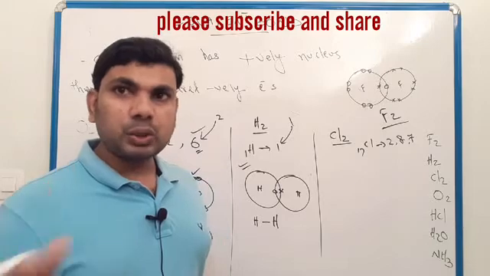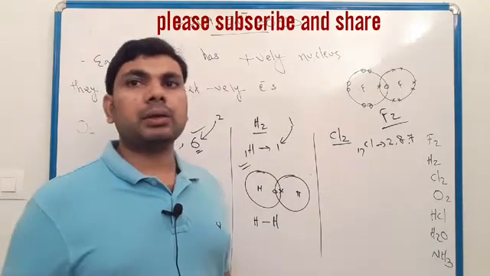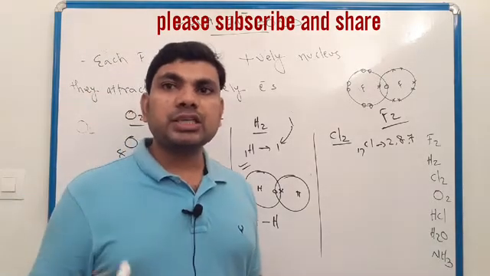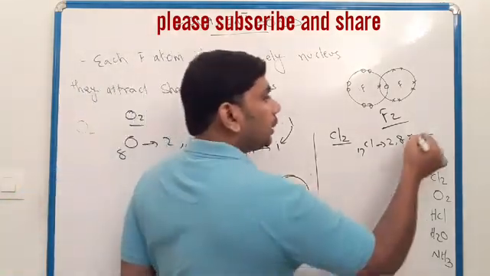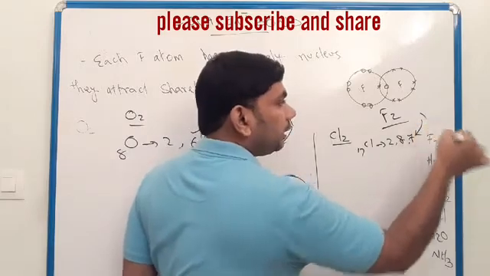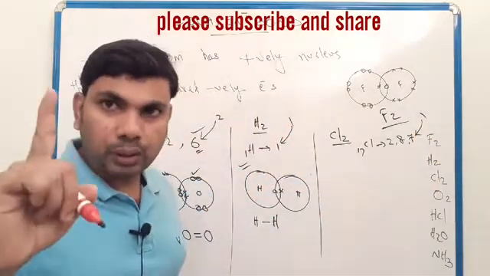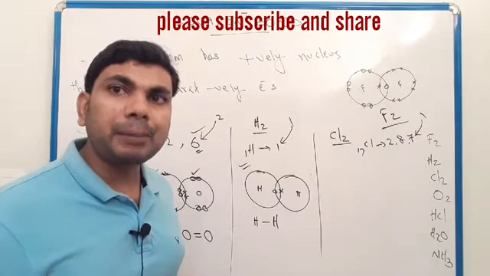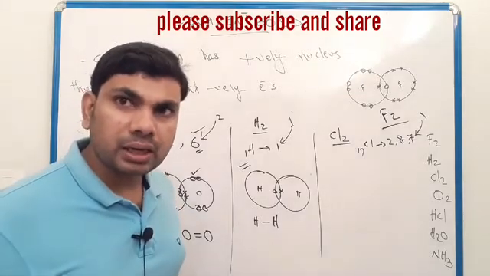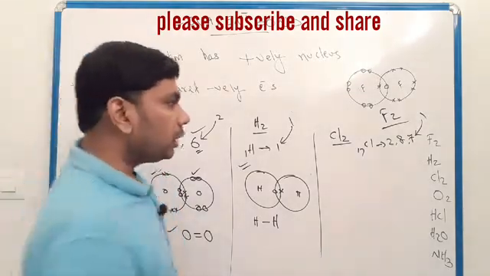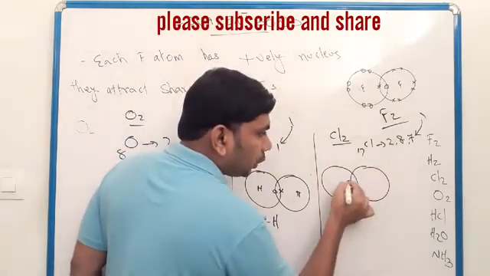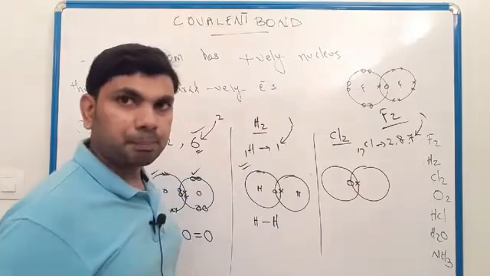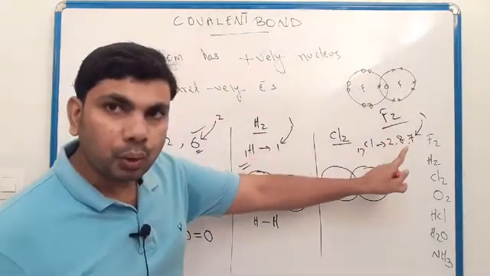It needs one more electron; it must be 2, 8, 8. Here there are 7 electrons, so chlorine needs one more electron. So how many pairs of electrons does it share? It shares one pair of electrons. So two chlorine atoms share one pair of electrons because each needs one more electron.